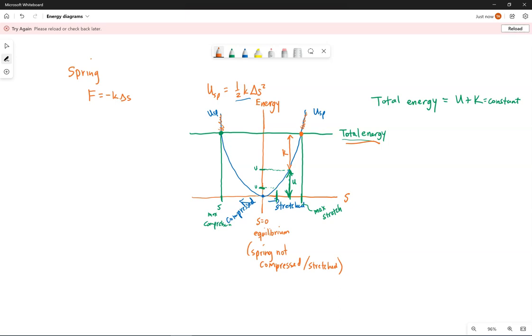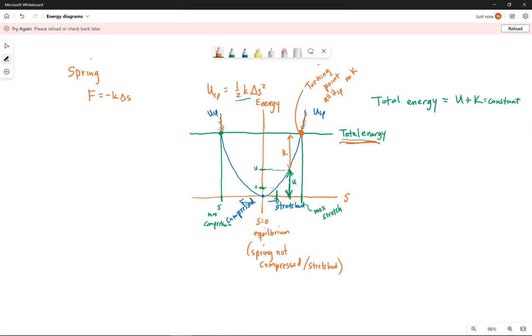So where the total energy line intersects the potential energy line, just like with gravity, that is called a turning point. That's because all of the energy is in the spring, the interaction between the spring and the mass attached to it, and no energy is kinetic.